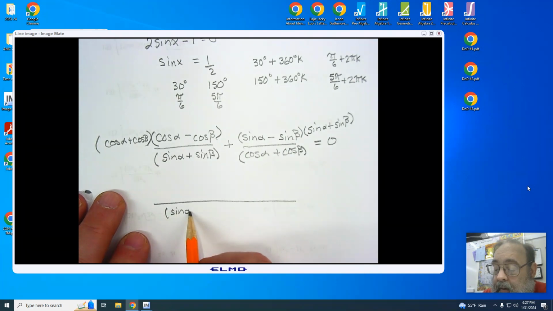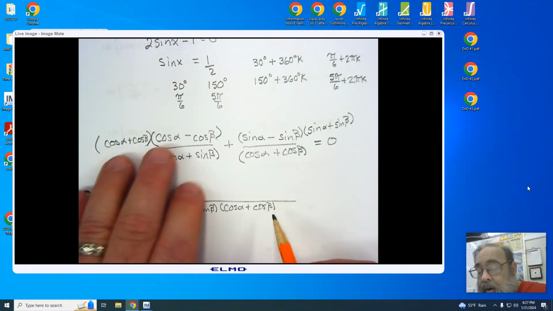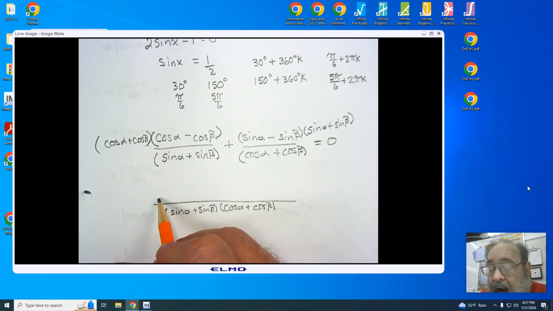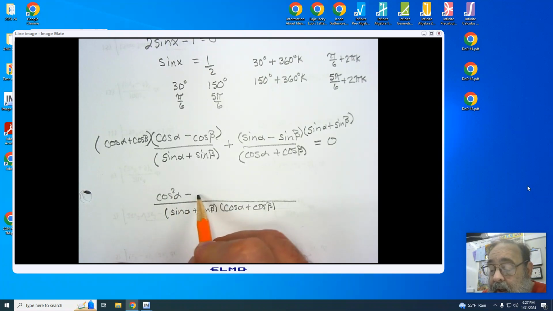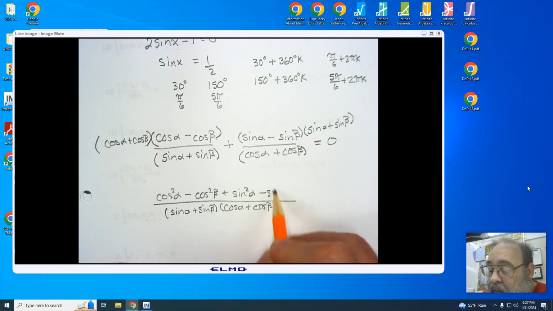Sine of alpha plus the sine of beta times the cosine of alpha plus the cosine of beta. But more importantly, notice what I have on top. I have cosine squared alpha, and I'm subtracting cosine squared of beta. I am adding to it the sine squared of alpha minus the sine squared of beta.